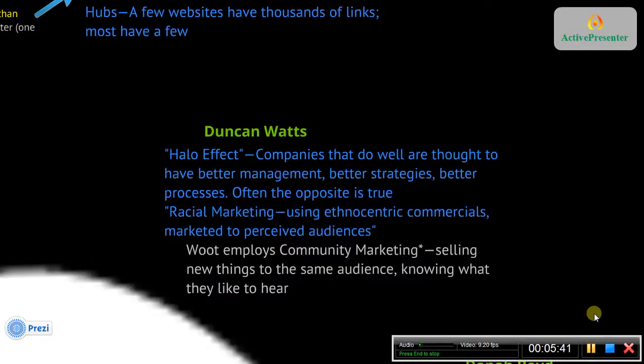Using their sense of humor, they gave the customers something else that they want. For instance, the woot offs, where they sell, rather than the same way that they usually do, just selling one product a day.